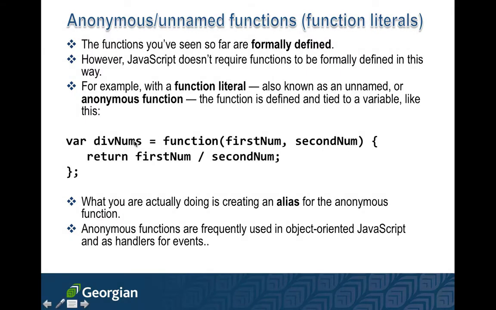Yes, so if you notice, I'm making a function, but it's an anonymous function. It's not a named function. I'm using div_nums as the alias for this anonymous function. You might say, hold on, Tom, what is an anonymous function? It's a function without a name. It uses the function keyword with a parameter block here, but there's no name for it.